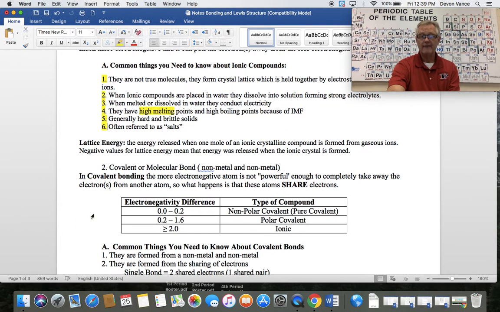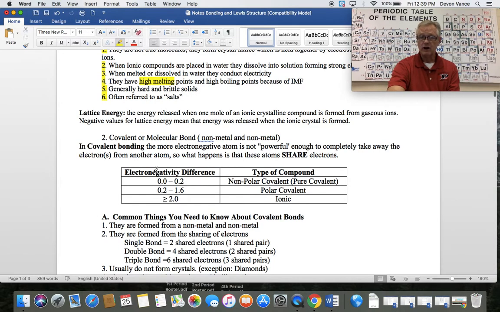Now, we have a chart that looks at electronegativity, and those electronegativities can be found on a periodic table, but instead of listing masses and atomic numbers, it just lists electronegativity.